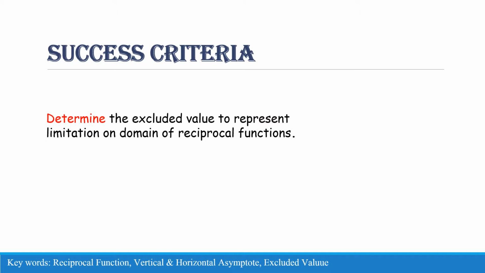Now the most important thing is to try to find the excluded value from the function. Excluded value means the value that makes the function undefined. So for example, in front of you, I wrote one example, that is f of x equals 1 over x.